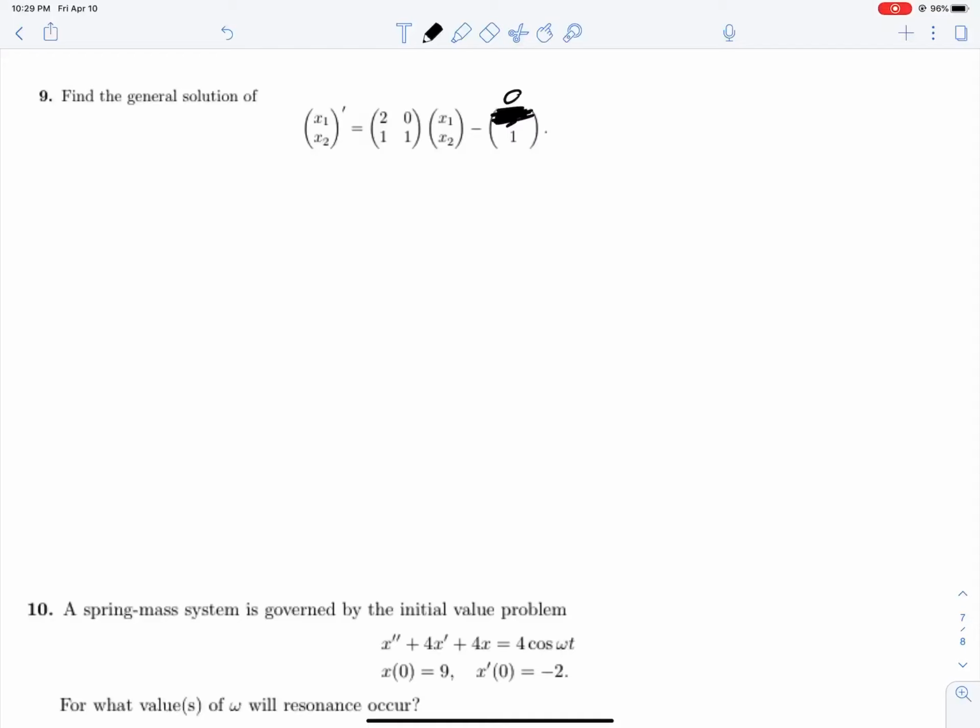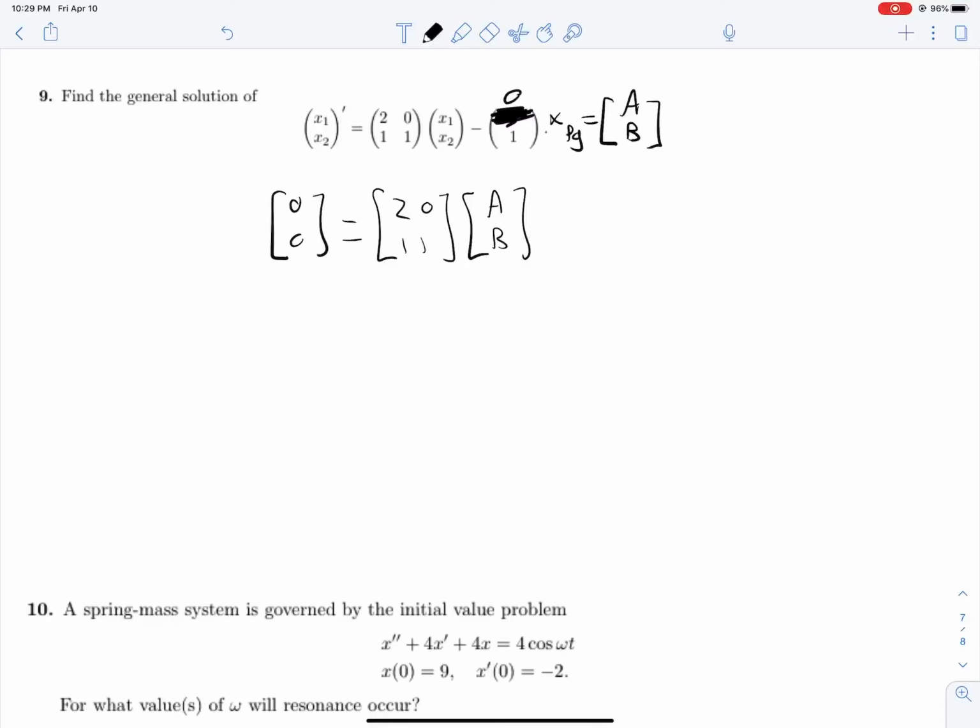So we're pretending that this says 0, 1. So we're guessing A, B. Well, really it's x. Our x particular guess is A, B. And so plugging that in, we'll have 0, 0 is equal to 2, 0, 1, 1, A, B minus 0, 1.